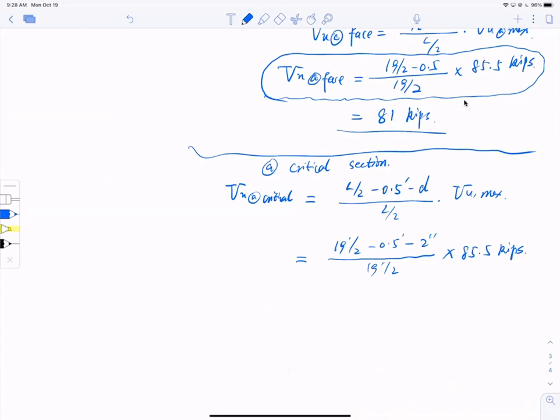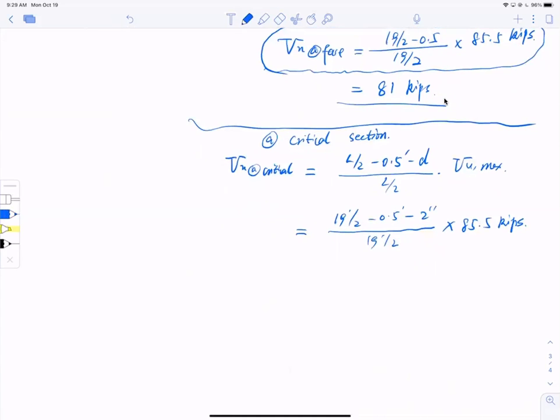Austin, are you there? Yeah, I'm here. Can you get a number for me? So it's 19 divided by 2, 9.5, minus 0.5 and minus 2 is 7 feet. What do you got? 63. 63, right. Okay, thanks.